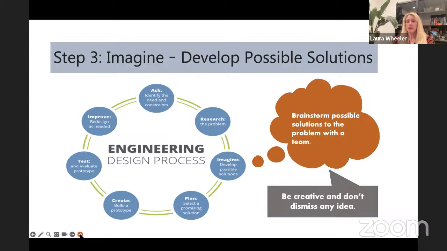During this imagine stage, you develop some possible designs, but you don't have to at this stage actually have drawn out or built a prototype. This is just where you use your creativity to think of possible ways to solve these different problems.